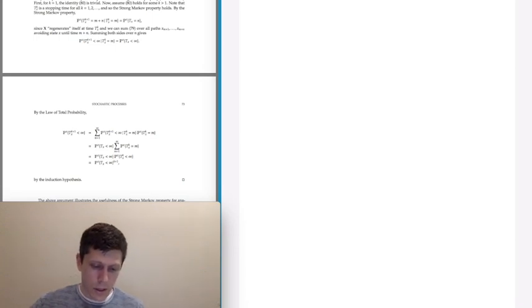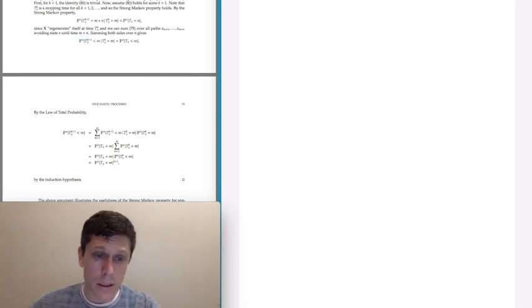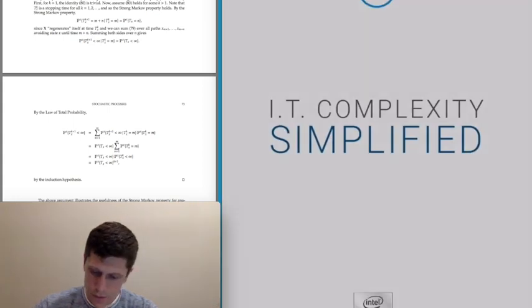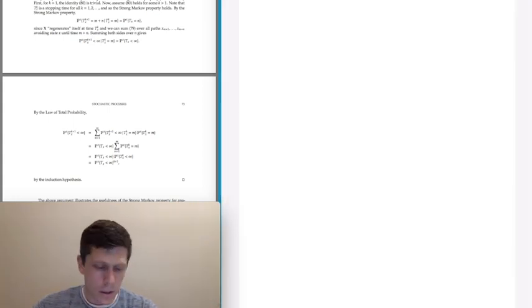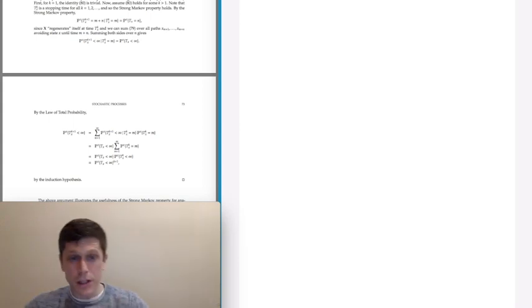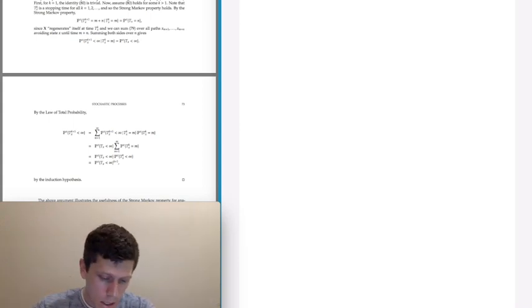Okay, so if these are the stationary probabilities, then what we know is that the sum over all the stationary probabilities has to be 1.